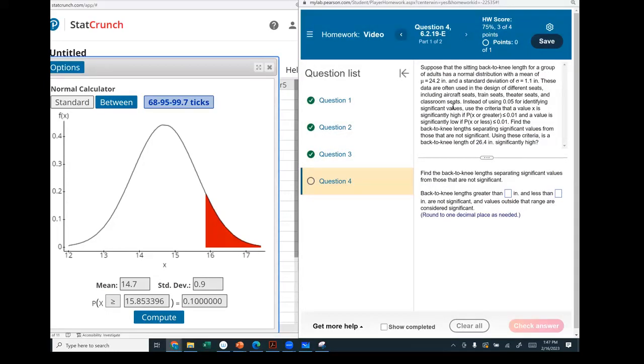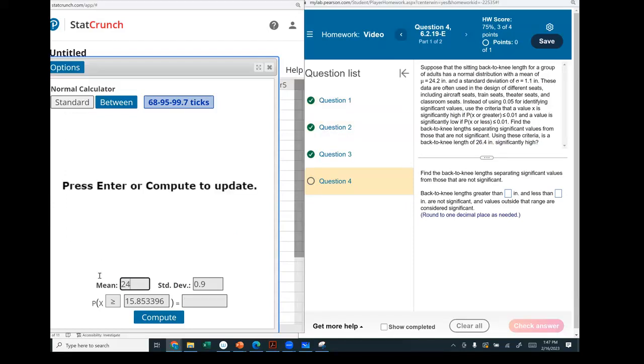And then let's see what this is. Suppose that the sitting back to knee length for a group of adults has a normal distribution with a mean of 24.2 and a standard deviation of 1.1. These data are often used in the design of different seats, including aircraft seats, train seats, theater seats, and classroom seats.